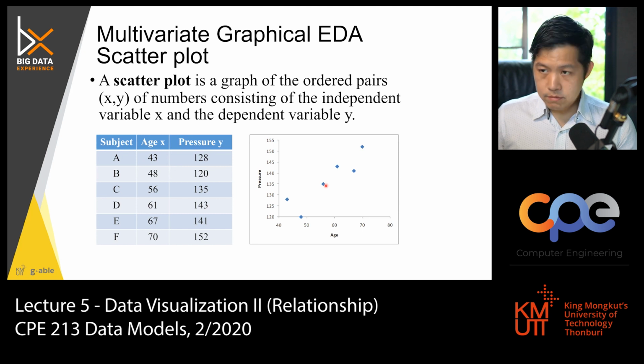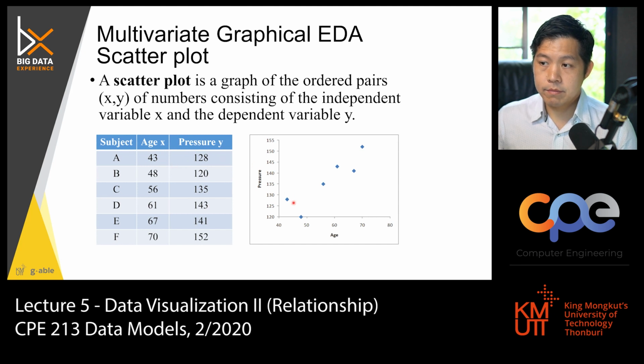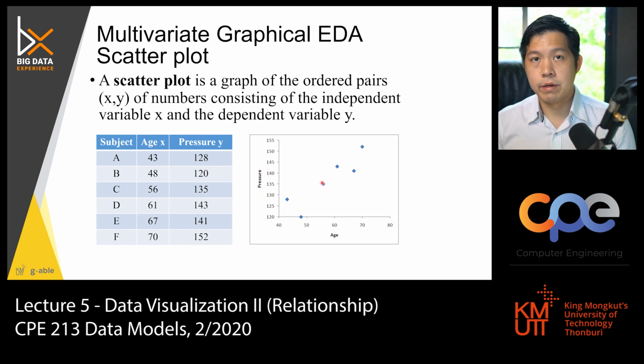So a scatterplot will take each row and plot it accordingly. Each row is represented as a dot in the scatterplot graph.